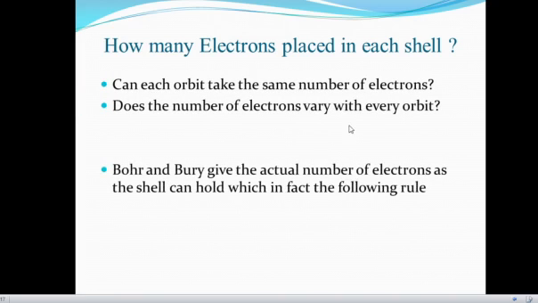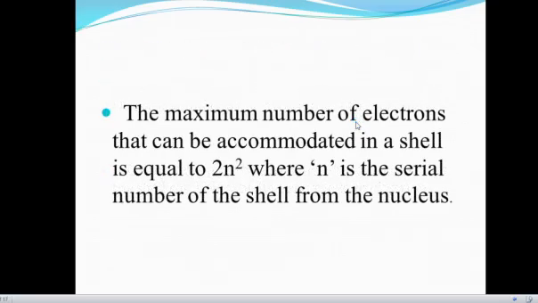Can each orbit take the same number of electrons, or does the number of electrons vary with each orbit? A question arises here. Bohr and Bury gave the actual number of electrons a shell can hold, in the following rule. That is rule number 1.